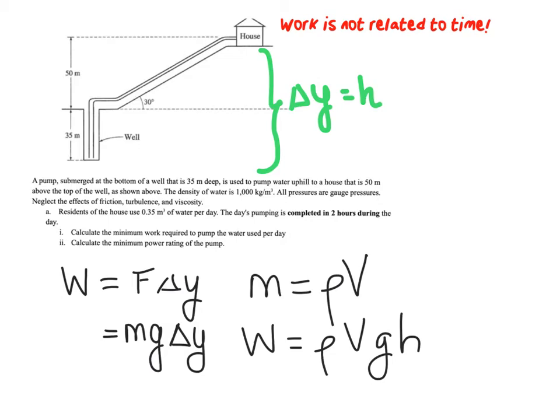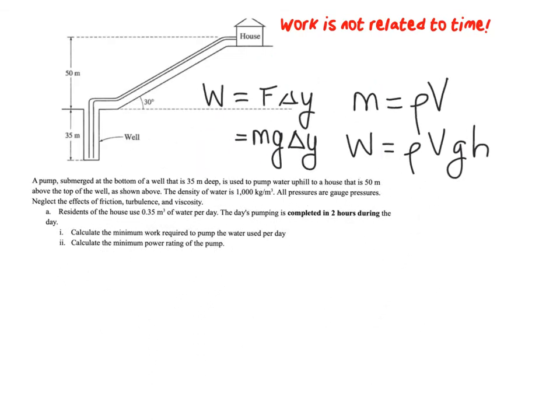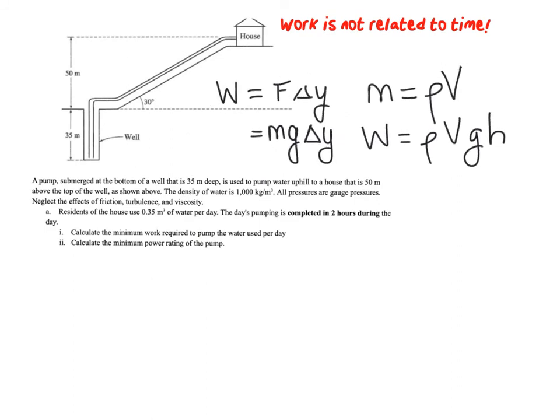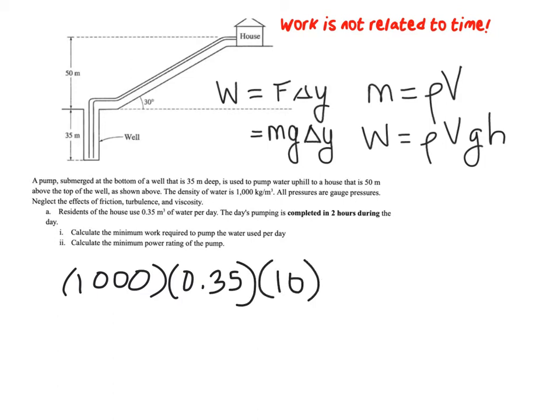Okay, so then we just need to plug in some values. So we have the density of the water is 1,000 kilograms per cubic meter. And then we're going to be multiplying that by the volume of 0.35 cubic meters. Then we're multiplying by g, which I'm just using 10.